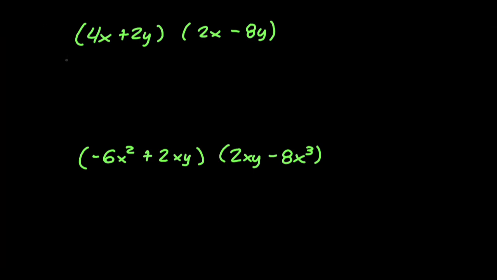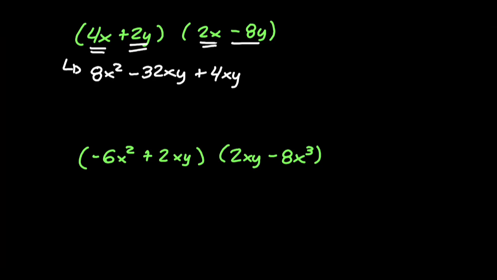4x plus 2y multiplied by 2x minus 8y. So multiply 4x by 2x, which would be 8x squared. Multiply 4x by negative 8y, which would be 4 multiplied by negative 8, which is negative 32xy. Multiply 2y by 2x, which would be positive 4xy.